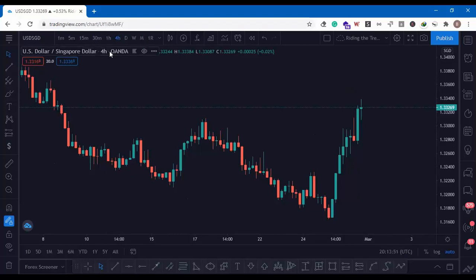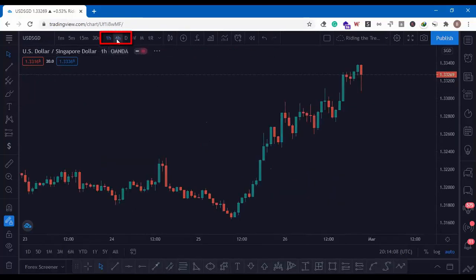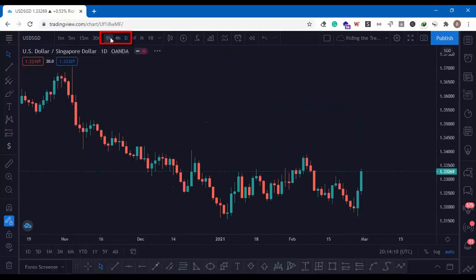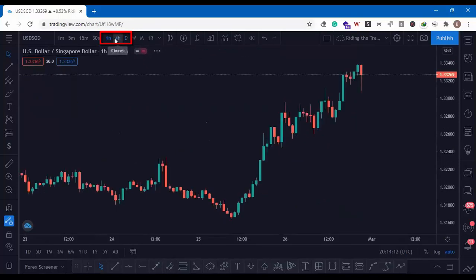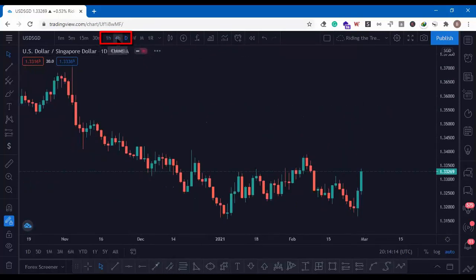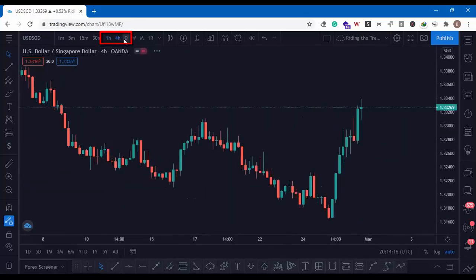I am more of a swing trader, even though I can also try to do scalping sometimes. I enter the market and then sometimes I leave it to run for days. And swing traders usually use from 1 hour, 4 hour, and then the daily. They are mostly using these three time frames: 1 hour, 4 hour, daily.